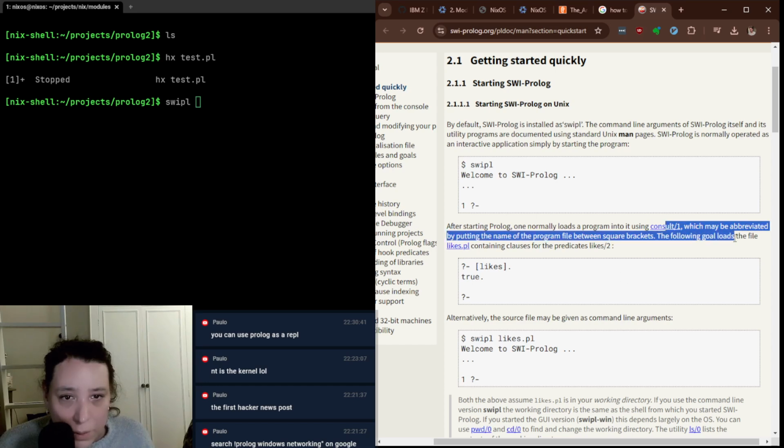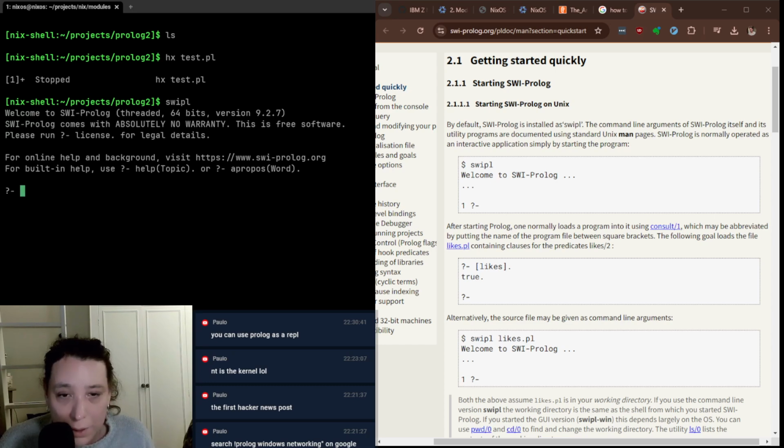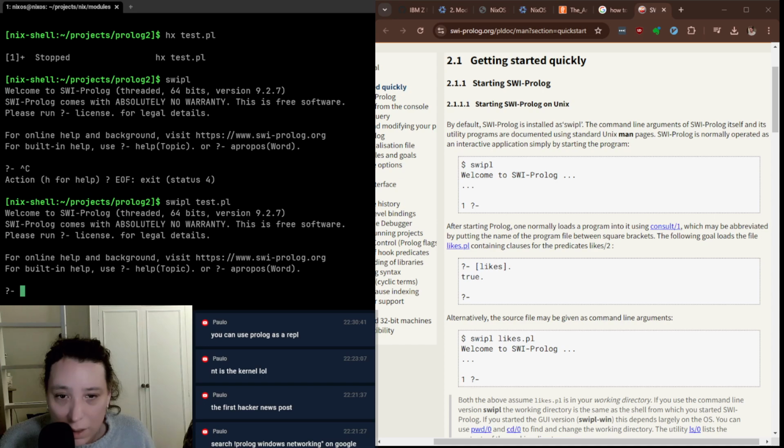The following goal loads the file likes.pl. Okay, so I can type it in here: test.pl. Great, so that actually loaded my test file, I guess.